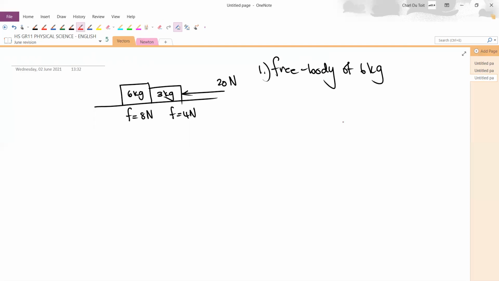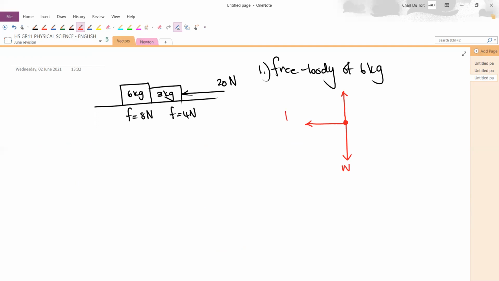Yes, so of the 6 kg. We're going to draw both, but let's just do 6 kg first. Okay, so 6 kg. Well, there's a downward force that is representing the weight. It's moving towards the left, so there's that force also. What is that force's name?